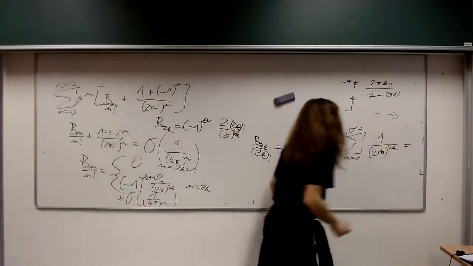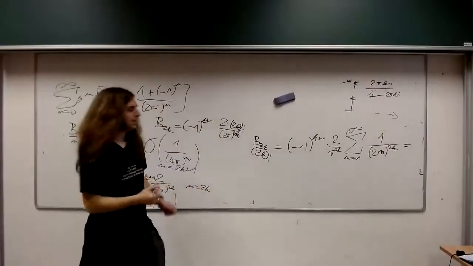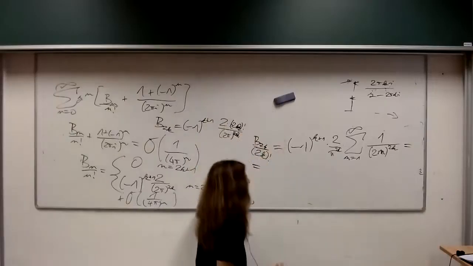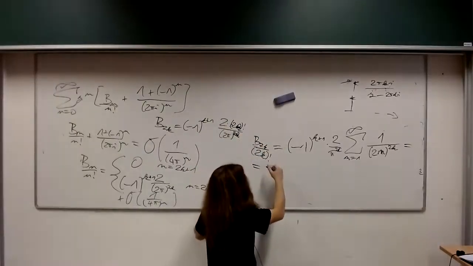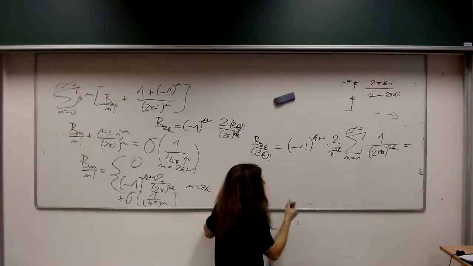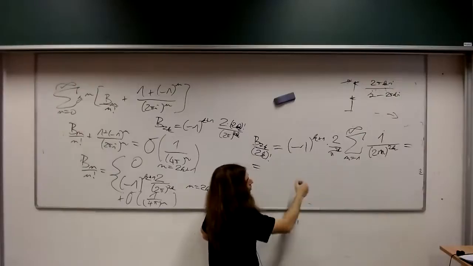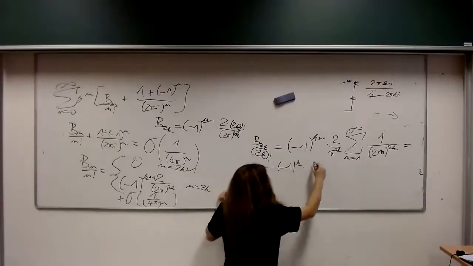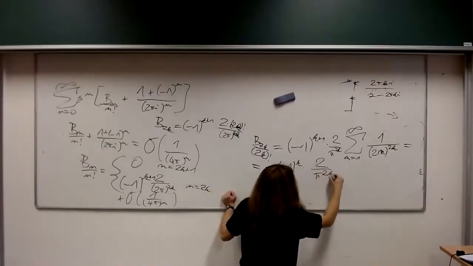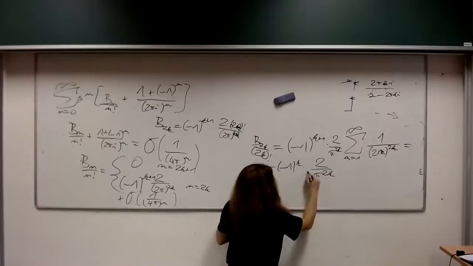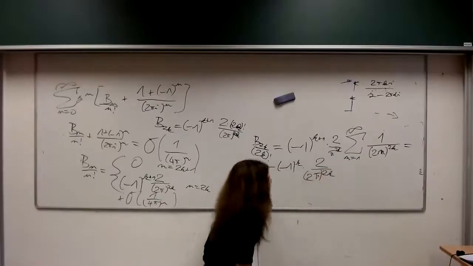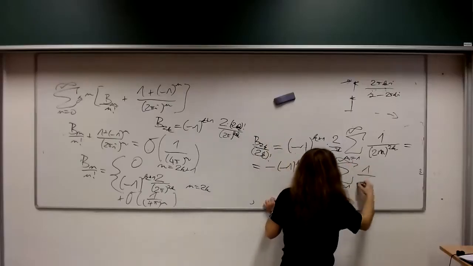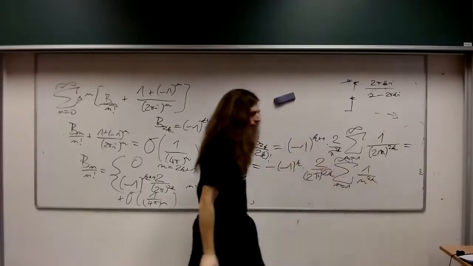And if you remember what I was writing, just to see if there is anything to be seen on the whiteboard, well, we are going to prove that. Because here, we can just take out the 1 over 2 to the 2k. We have 2 over pi to 2k, and let's get rid of that 2 as well. Here we have the sum of 1 over n to the 2k.